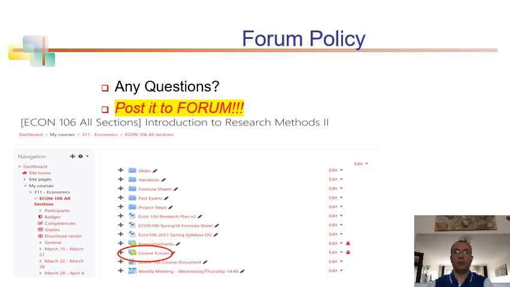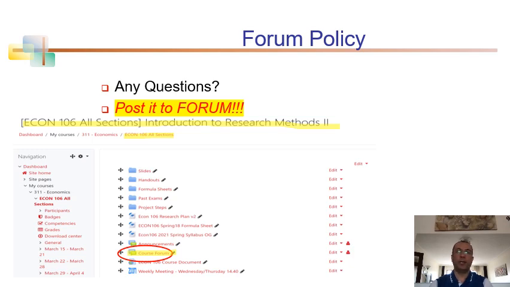Now the course, we will conduct it throughout the class, and I created a section, all sections, ECON106 all sections, and there's a course forum here. So in the course forum, any question that you have, you can ask, and I will answer, or somebody else will answer, but at least you know that it will get an answer.